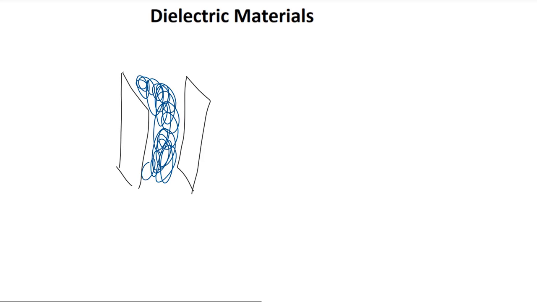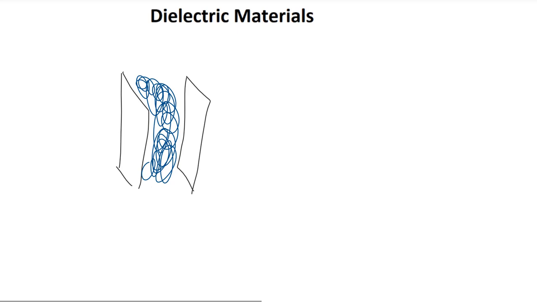Therefore, if we wish to increase the capacitance, we add in what are known as dielectric materials. Dielectric materials is just another term for a good insulator. For example, instead of having air between the plates, we could have a good insulator like glass or plastic. These substances are good electrical insulators. They do not allow charge to flow through them easily.